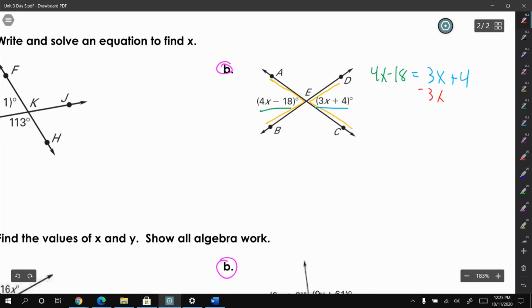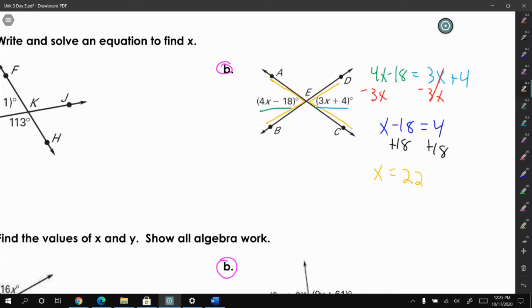We're going to subtract 3x from both sides. That gives us x minus 18 equals 4. Then we will add 18 to both sides, and that gives us x equals 22. This question is not saying to plug x back in, so we can leave our answer just like this at 22.